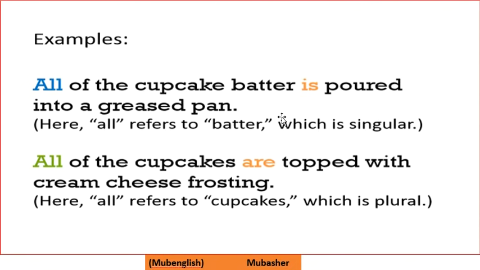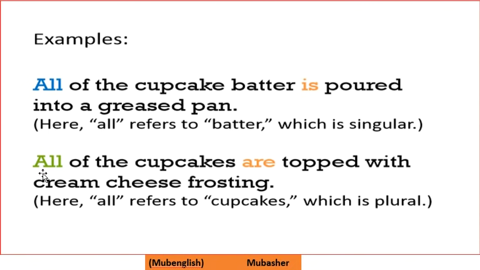Now here all is referring to the batter. Batter is a non-countable singular noun. Batter, you know, like we can say the cream or the dough that we make for the cupcake. So all batter, in other words, we can say is poured. So this all here refers to batter. Batter is singular, so accordingly we are using is.